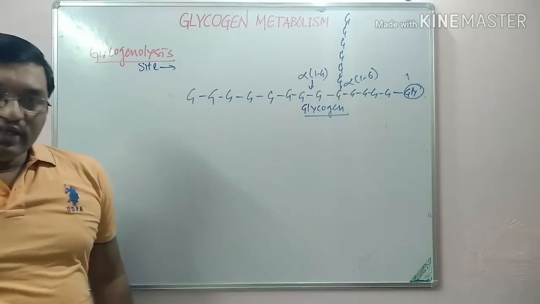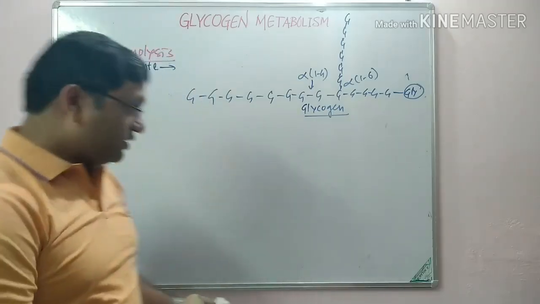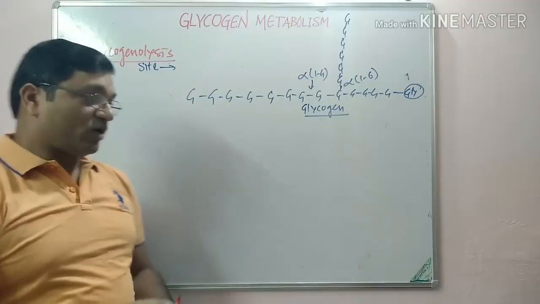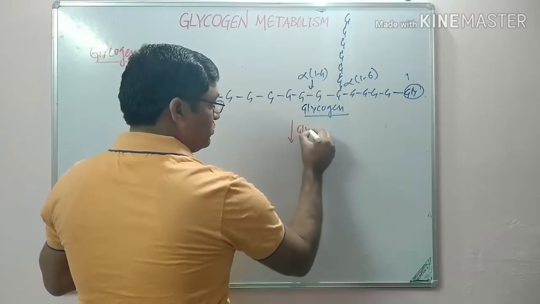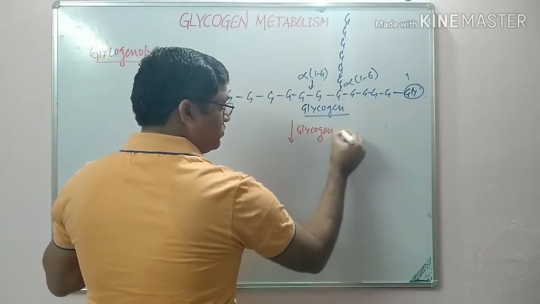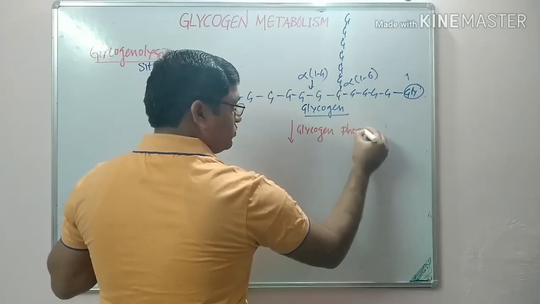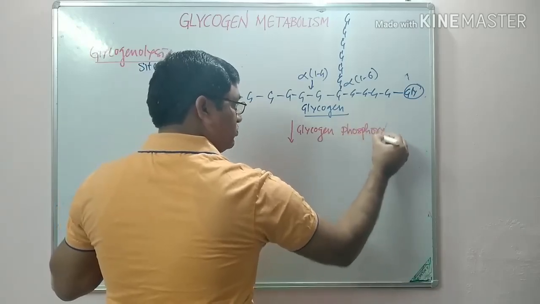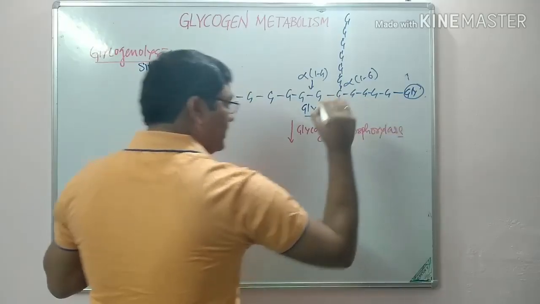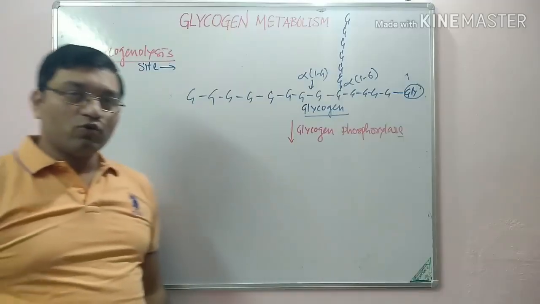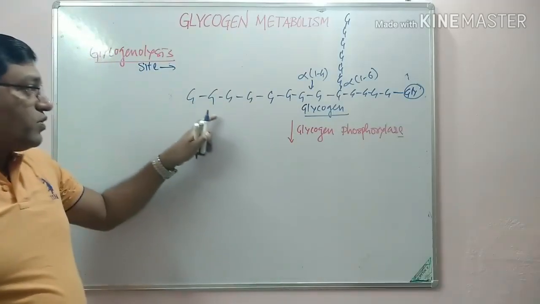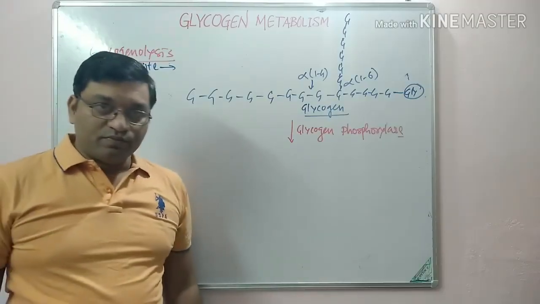The main key enzyme in glycogenolysis is glycogen phosphorylase. The main action of glycogen phosphorylase is to remove the glucose molecule successively from the glycogen.